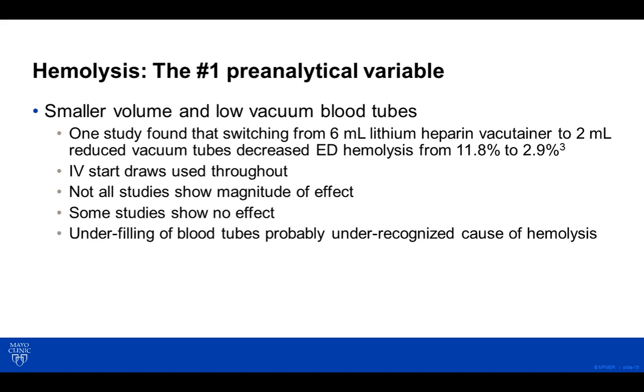And not all studies of low vacuum tubes have shown the same effect. So it's sort of an interesting, intriguing, like butterflies, an unknown, controversial area. Do low vacuum tubes really help with hemolysis rates in the context of ED or ICU or patients that are difficult to draw? It isn't clear right now.